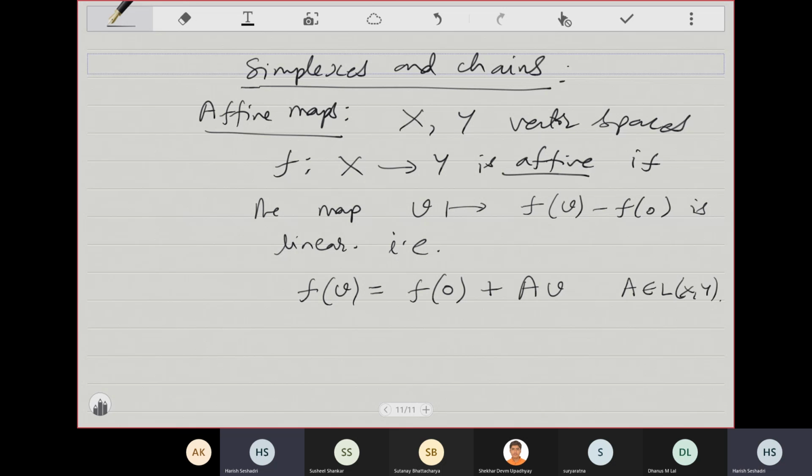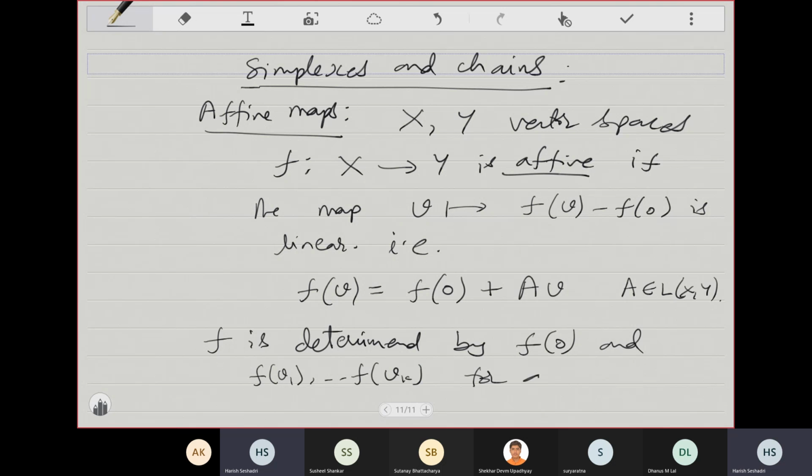Now, okay. f is determined by f of 0 and f of v_k for any basis v_1, ..., v_k of X. This is clear enough, right?